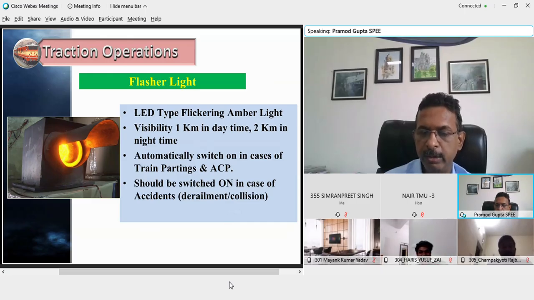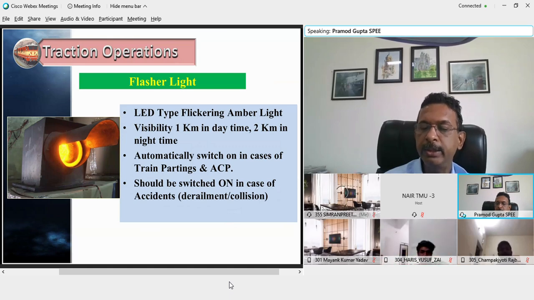If the train is on the down track, it may infringe the up track, the track which is meant to carry the passengers in the opposite direction. In order to warn the pilot of the incoming locomotive that the other track is also infringed because of the derailment or collision, the flasher light is supposed to be switched on by the loco pilot.